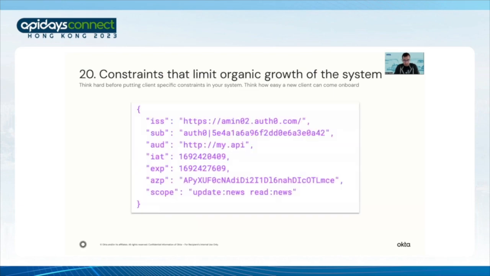My last one is some constraints that I've seen people implement that limit the growth of the system. For example, access tokens. Whoever has access is a bearer token. They can call your API. But I've seen API servers that limit some flows for a particular authorized party for whom this token is issued. Again, in some edge cases this might make sense, but overall, if you're limiting based on your client in your resource server, that means every time I'm adding new clients, I have to go and modify my configuration and code in my resource server.